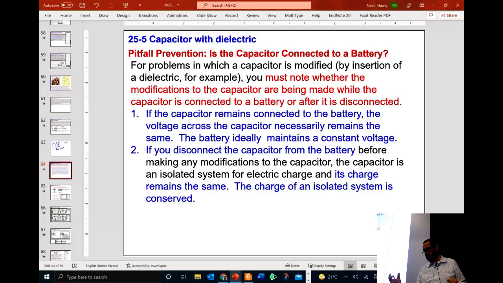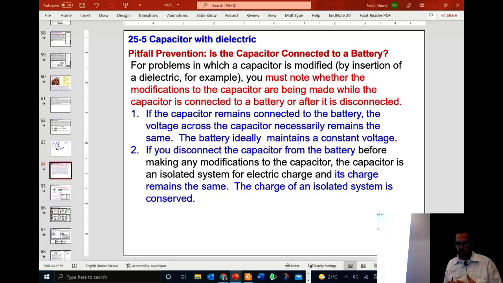If you disconnect a capacitor from the battery, the potential is not going to be the same, but the charge is going to be the same. The charge is maintained unless we connect the capacitor to another circuit, in which case it will discharge through the other circuit. So in a problem you must note whether the modifications of the capacitor are being made while the capacitor is connected to the battery or after it is disconnected from the battery.